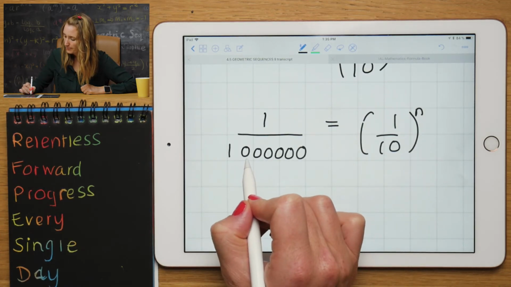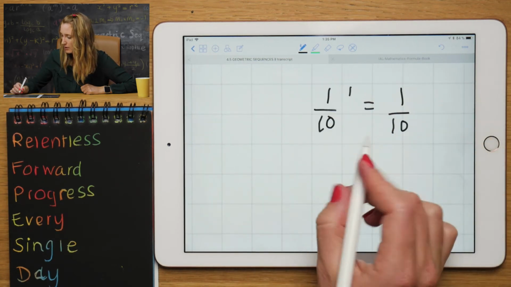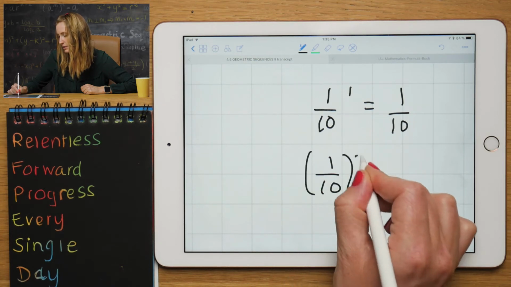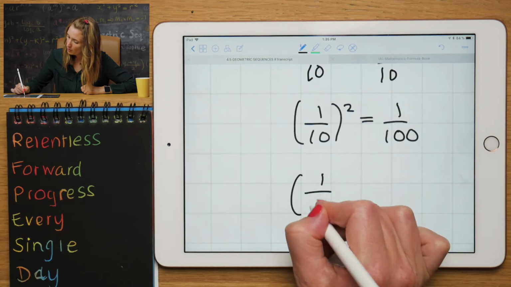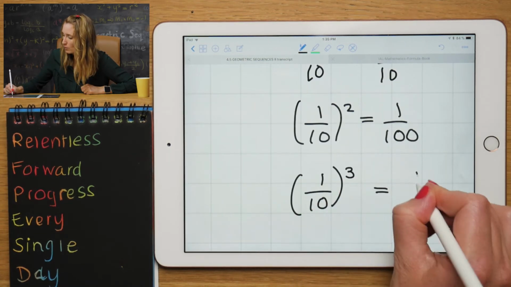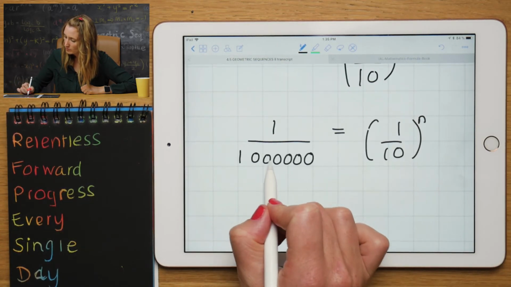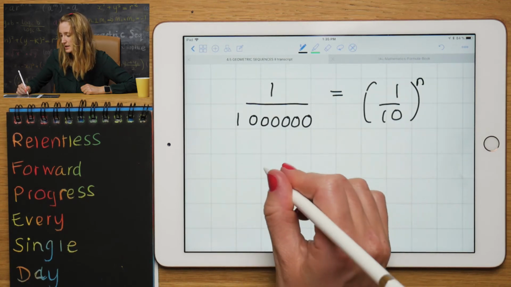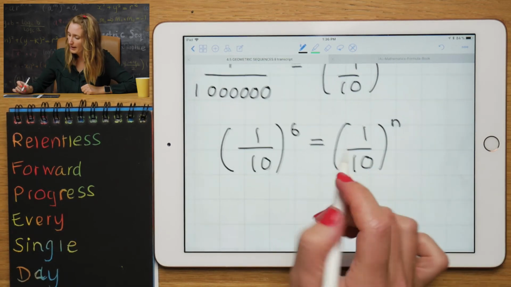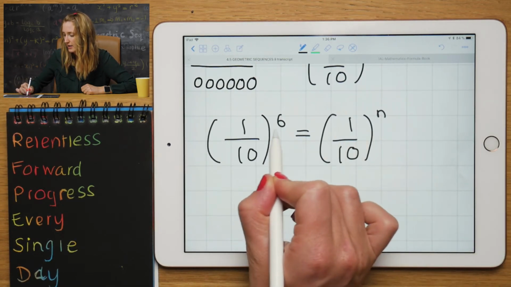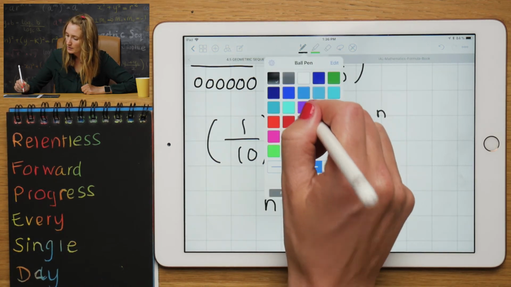So, for example, you would need to know that 1 over 10 power 1 is 1 over 10. 1 over 10 power 2 is 1 over 100. 1 over 10 power 3 is 1 over 1,000. So if we've got here 1, 2, 3, 4, 5, 6 zeros, this would need to be 1 over 10 power 6. By comparison, we can see that 6 would have to match up with n. So we would have to have here n is equal to 6.